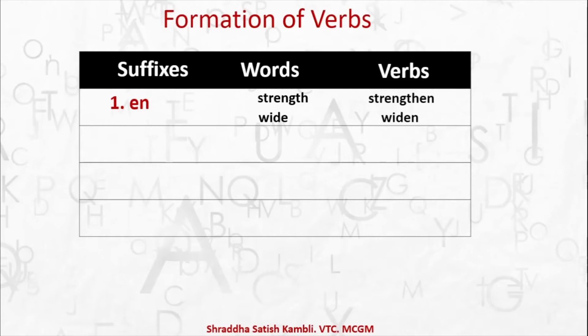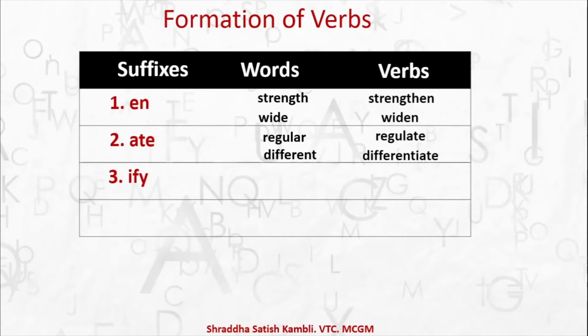When you take the suffix ate, the word regular becomes regulate, and the word different becomes differentiate. Okay, so that is a little difficult and little tricky. Then if you talk about IFY, the suffix IFY, beauty becomes beautify. So see, again we have dropped the Y, taken the I.